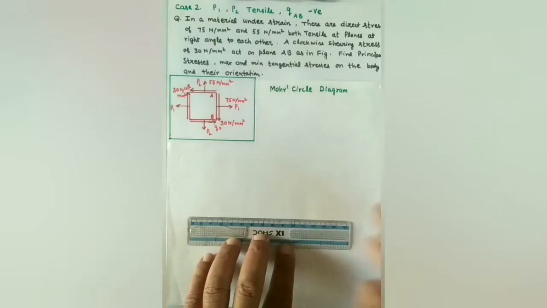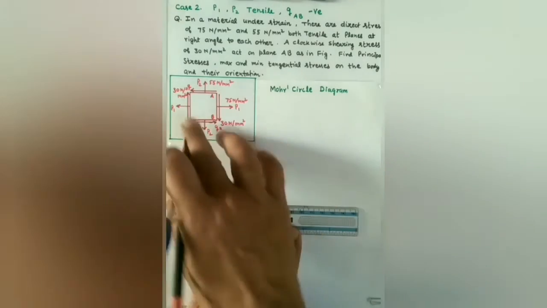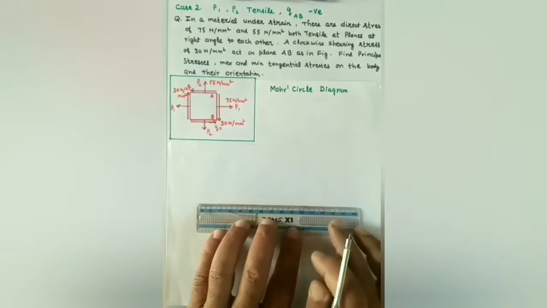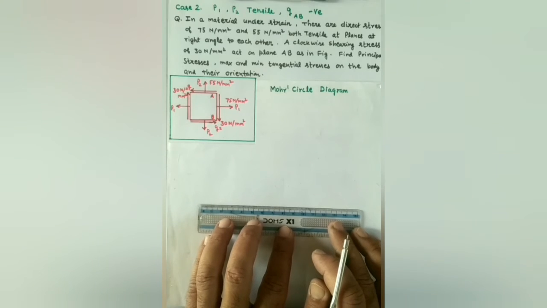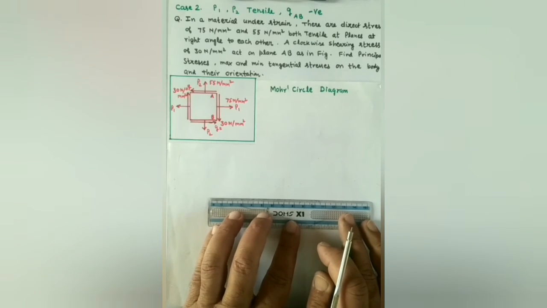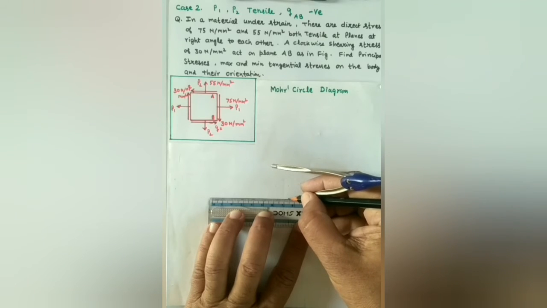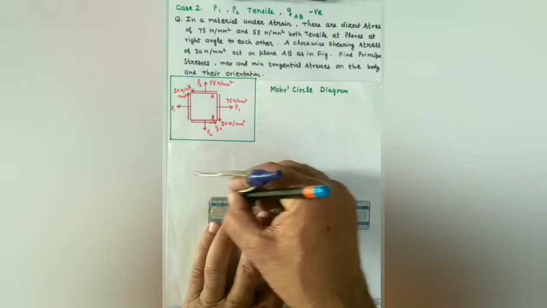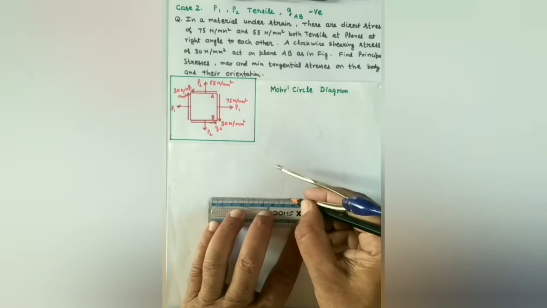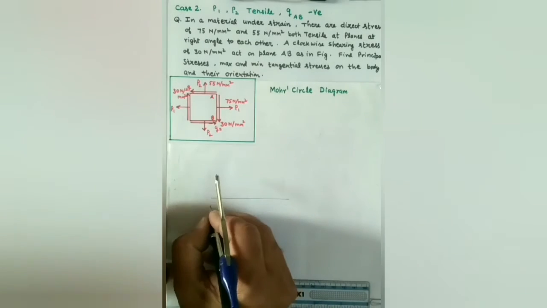Now we find the Mohr circle diagram for the same problem. Let us recall the problem. P1, P2 are 75 and 55. So from the origin, we will draw a line of 75 mm and 55 mm.